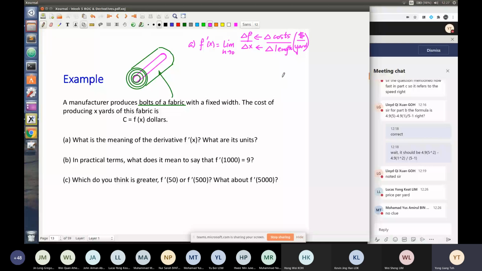Okay, so therefore, f prime is the change in cost of fabric per yard.